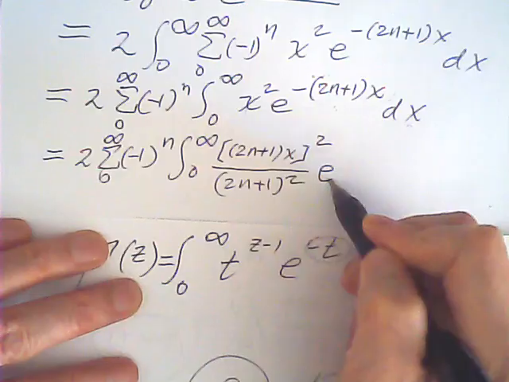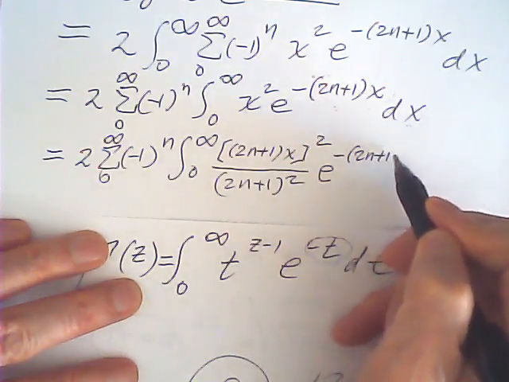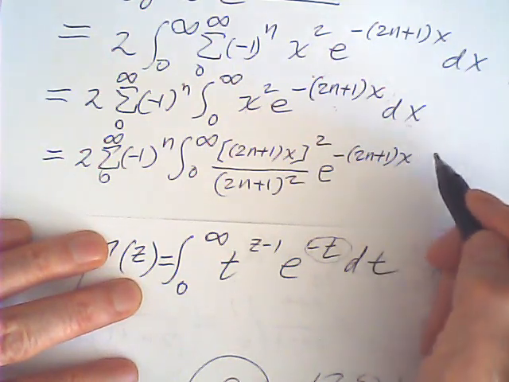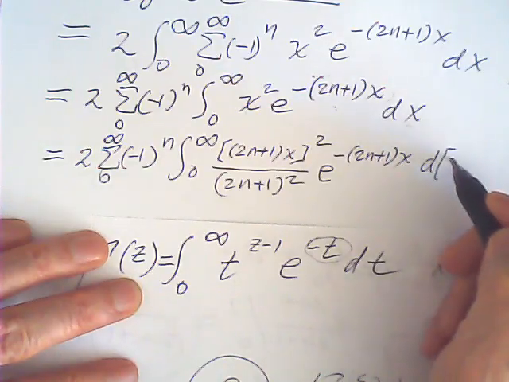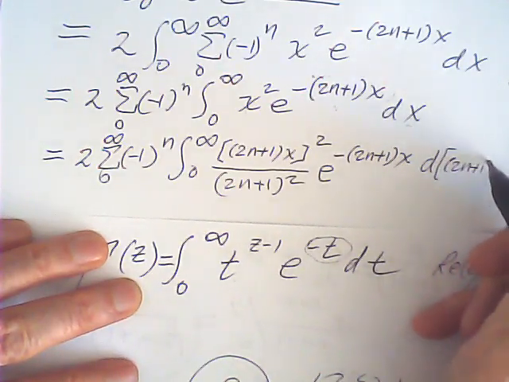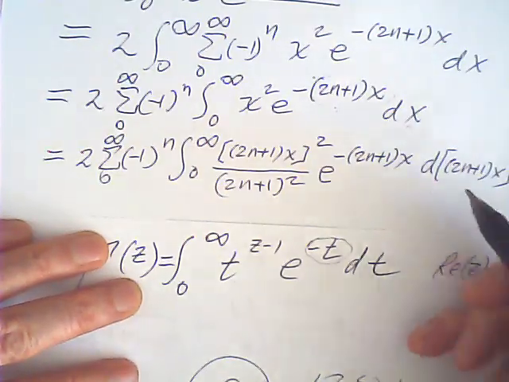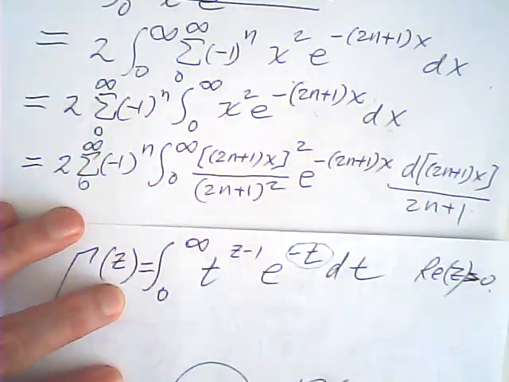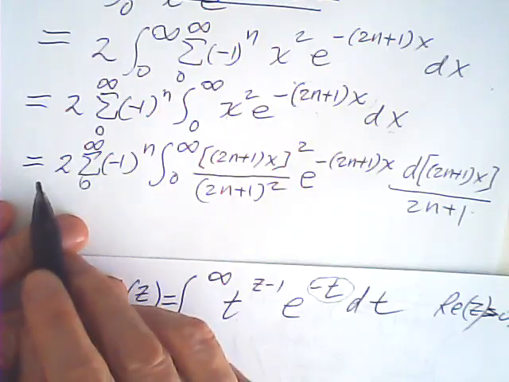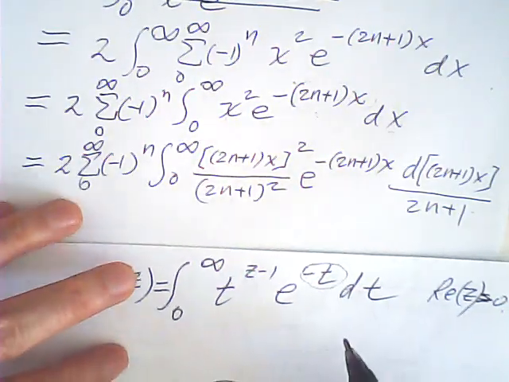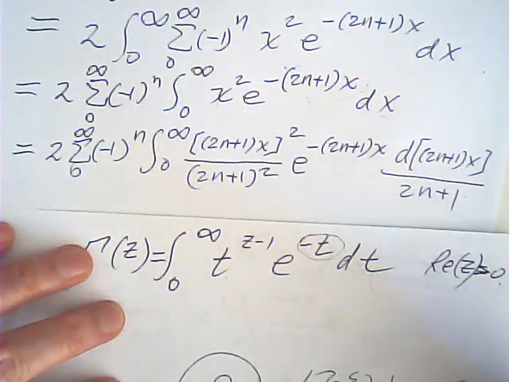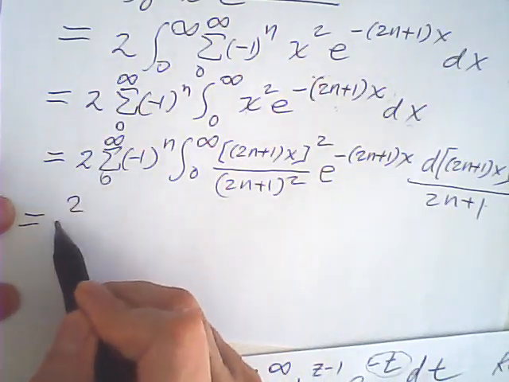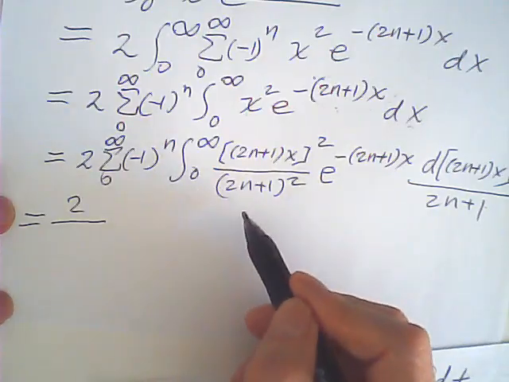Now this was e to the negative 2n plus 1 x. Good. This one has to be changed into d of 2n plus 1 x. To maintain the equal sign, I just divide by 2n plus 1. See, it's equal. It's good because this is 2, right? These constants can be taken out.